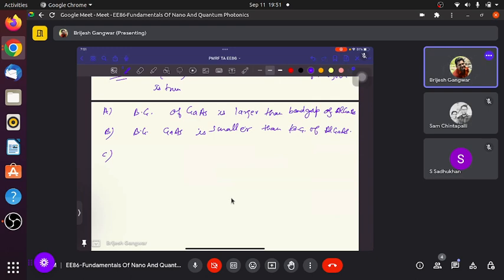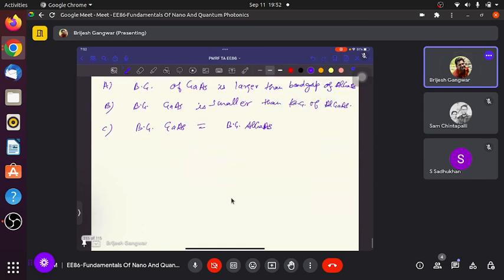C is band gap of gallium arsenide is equal to band gap of aluminum gallium arsenide. D is refractive index of gallium arsenide is greater than aluminum gallium arsenide.